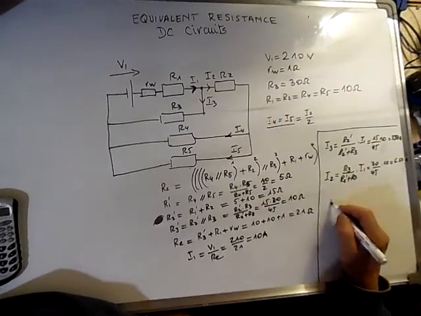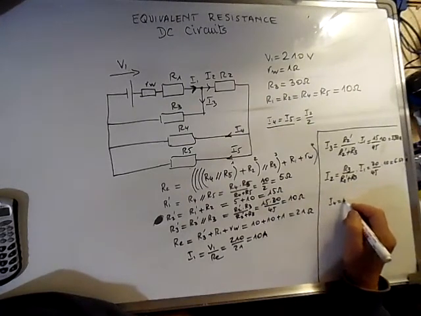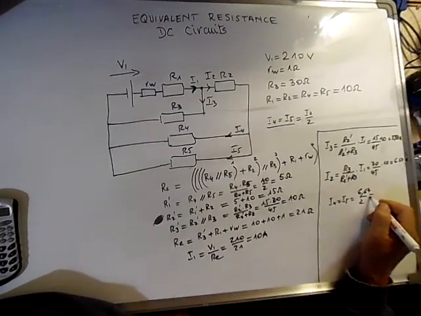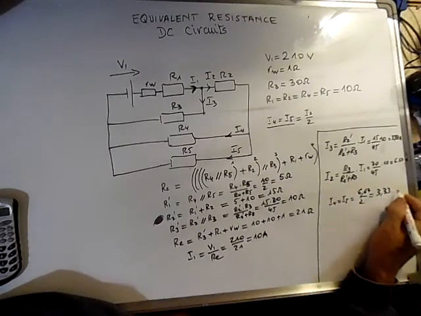So it means that I4 is equal to I5, which is equal to I2 over 2, which is 6.67 over 2, and it's 3.33 amps.